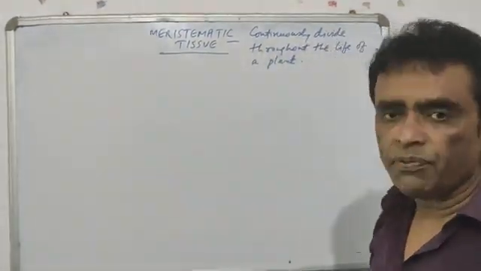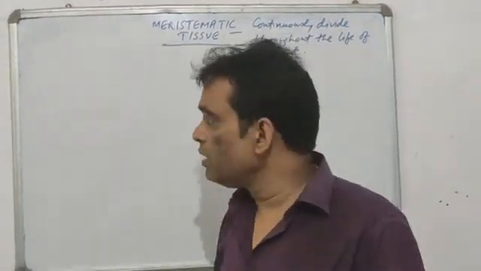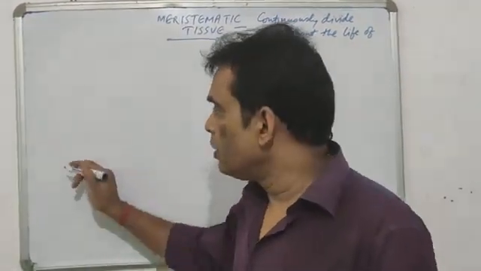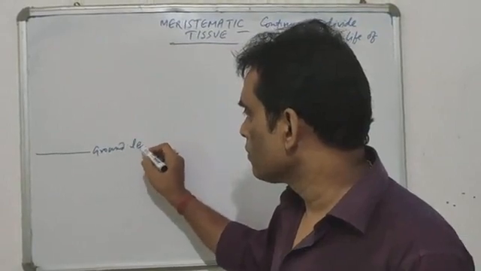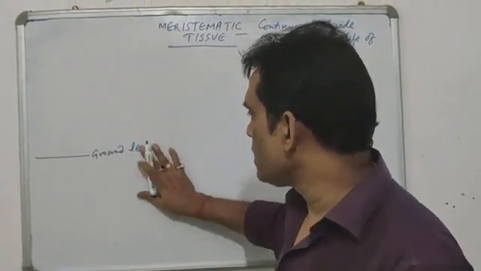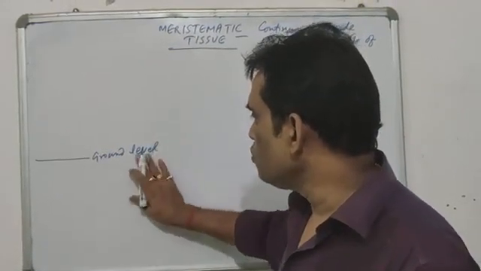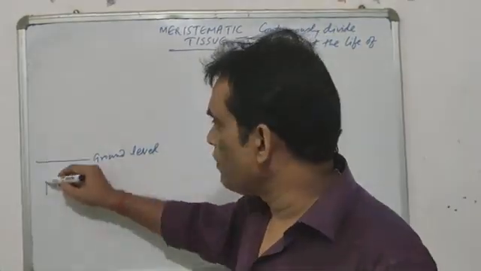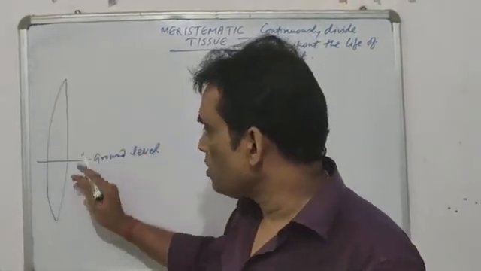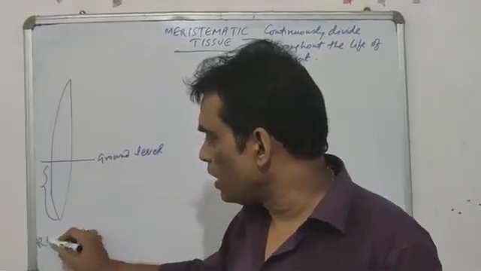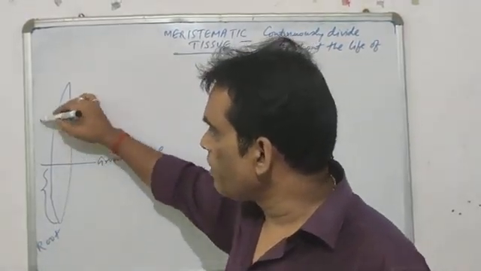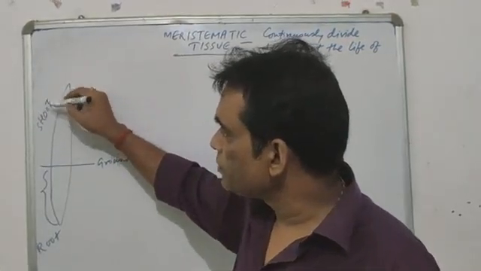So that is the importance. A very general diagram I will draw of the plant, suppose this is your ground level. The plants have two main parts, one above the ground and a portion below the ground. Generally we call the portion below the ground the root and the portion above the ground the shoot.